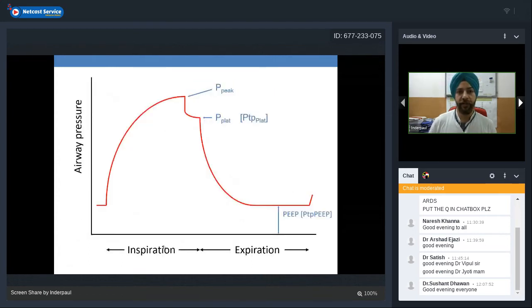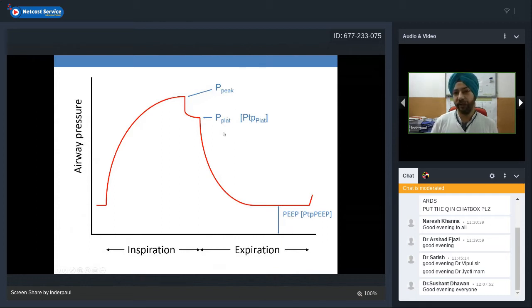So before we proceed further, this is the pressure time curve, and it shows the inspiratory and the expiratory phase. As the inspiration progresses, you reach the peak inspiratory pressure, which is the highest pressure that you attain during inspiration, followed by a pause and a plateau, which is the plateau airway pressure. Finally, there is an expiratory phase, and you have a positive end-expiratory pressure, which is what you set.